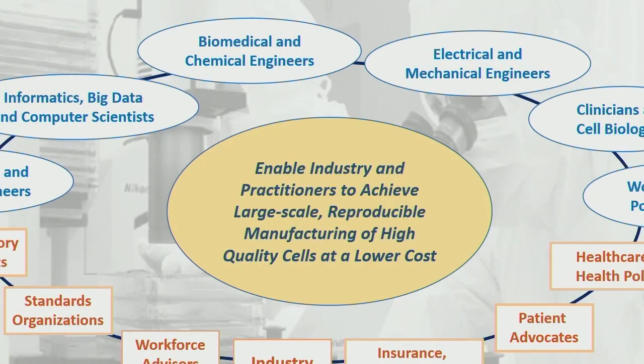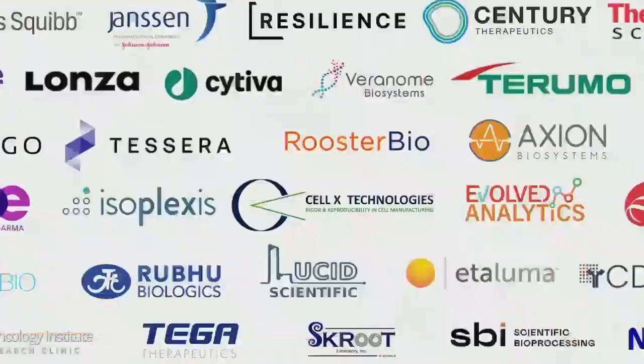There are many different standards that are now going through the ISO and ASTM process. And if anyone wants to participate in that, please reach out. There's a tremendous need for industry standards in this space. And obviously, we work very closely with patient advocates and reimbursement experts as well.